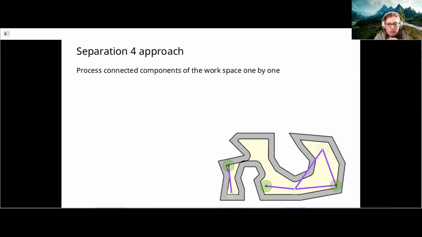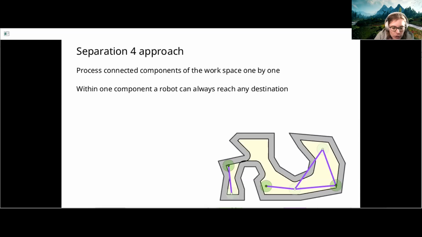But the previous work shows that you can always find an order on these components in which you can process and move the robots within each one separately. And within one component, a robot can always reach any destination because of the fourfold separation.